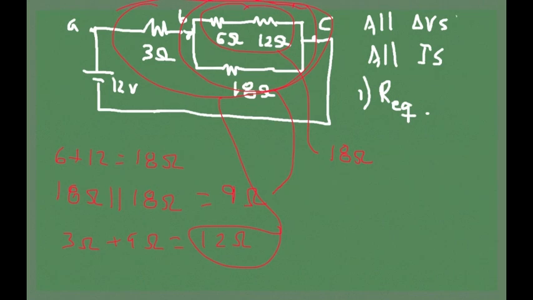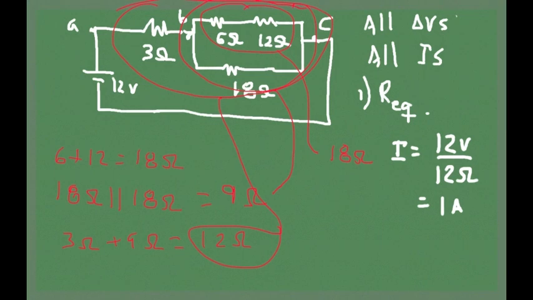So now the current, which was the first step that we thought we could get after the equivalent resistance was found, would be 12 volts divided by the net resistance of the circuit, which we just figured out is 12 ohms. So the current in the circuit is now 1 amp.